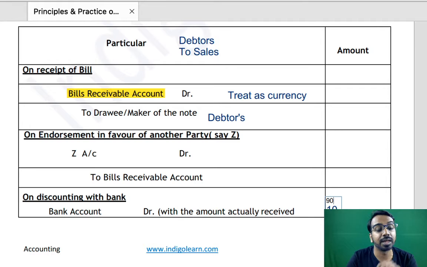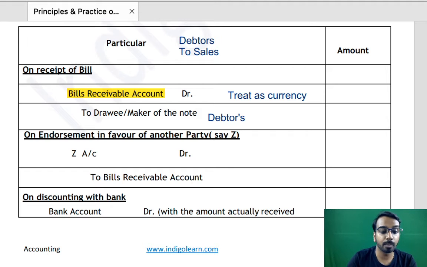So basically 90 is what you receive from the bank, 10 is the portion related to discount, and 100 is credited to bills receivable. Basically, I have taken 100 worth of currency, gone to the bank, and the bank gave me 90 against that. That is the entire logic of this transaction, right?